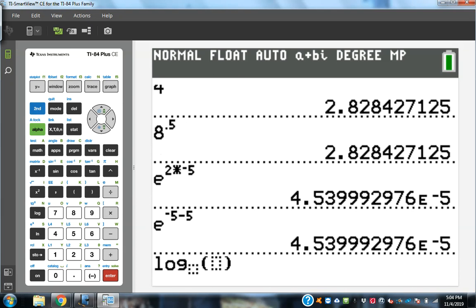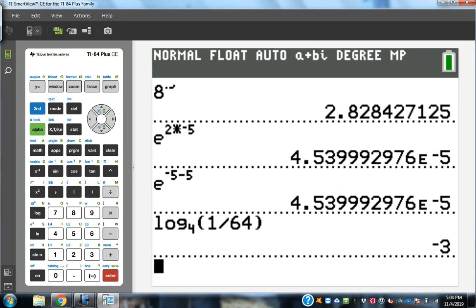And when you hit that, it should come up with some empty squares there. Does it? Yeah. All right. So in that bottom square, that's going to be the base of your log. So we're looking at log base 4. And then in the square inside the parentheses, you want to put the number you're trying to take that log base of. So 1 over 64. And we just hit enter.